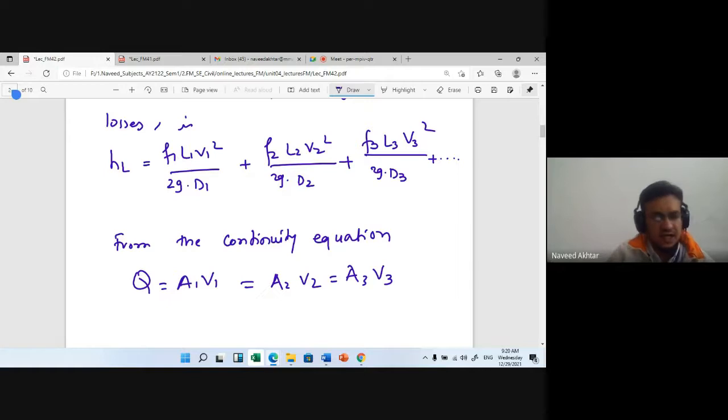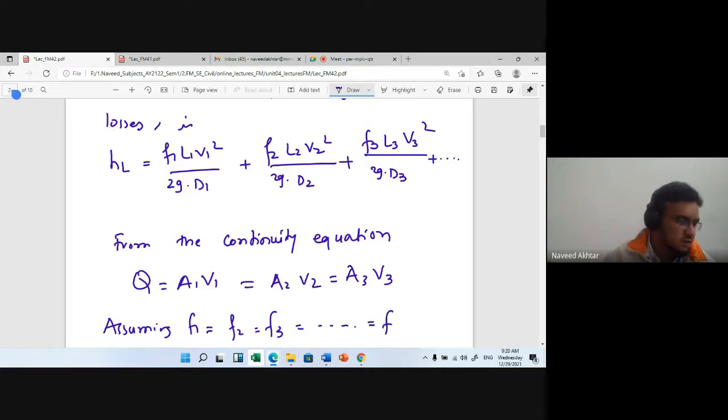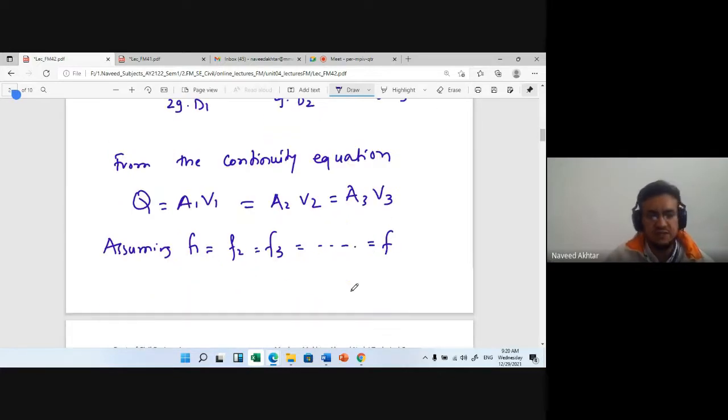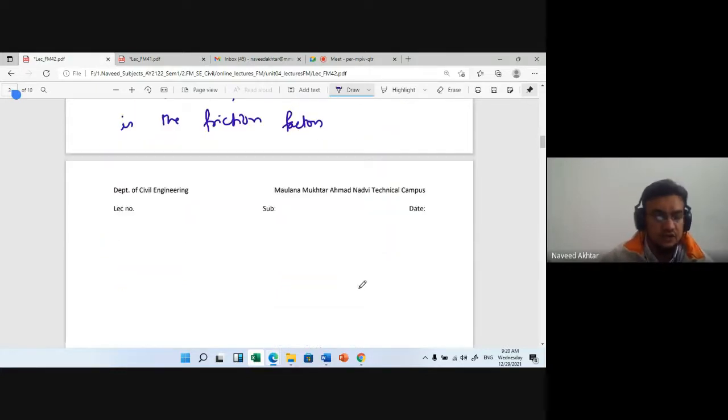Assuming F1 is equal to F2 is equal to F3 is equal to F, where F is the friction factor for the compound pipeline system.